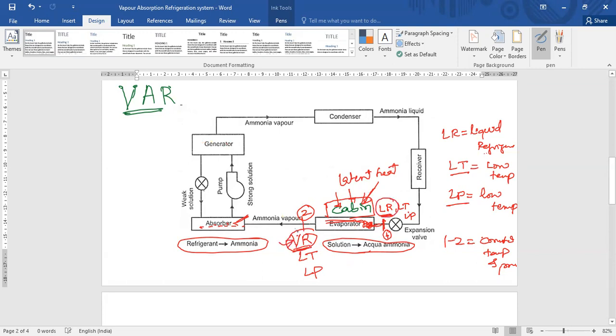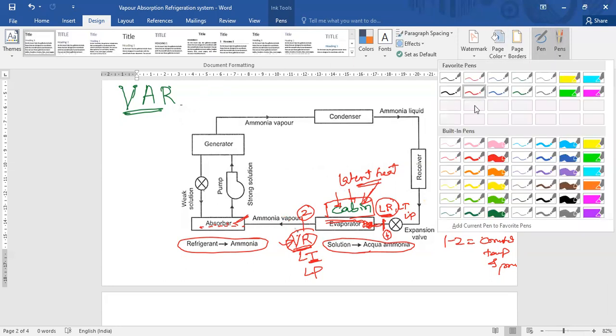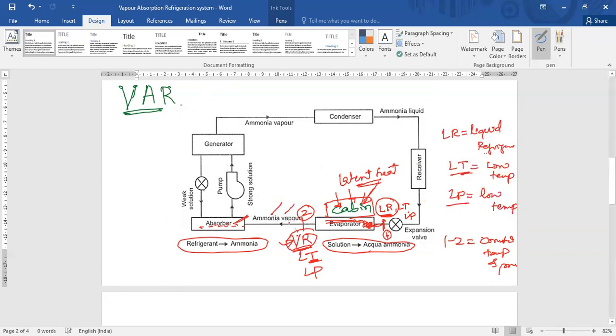When there is a change of phase, it has absorbed latent heat. When latent heat is absorbed, the temperature of the refrigerant is constant. Now please look at the word they have written here: ammonia vapor, the vapor refrigerant condition.